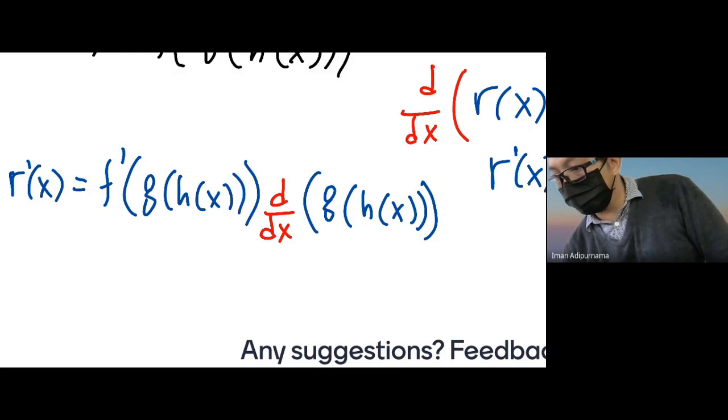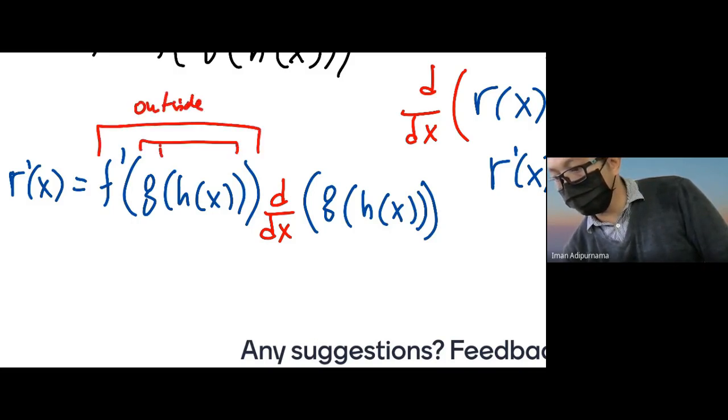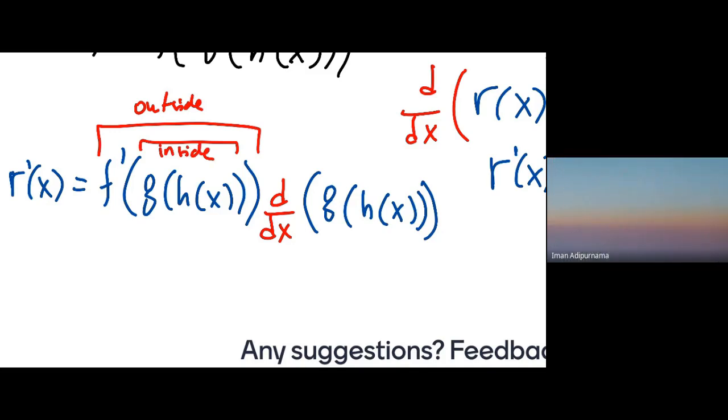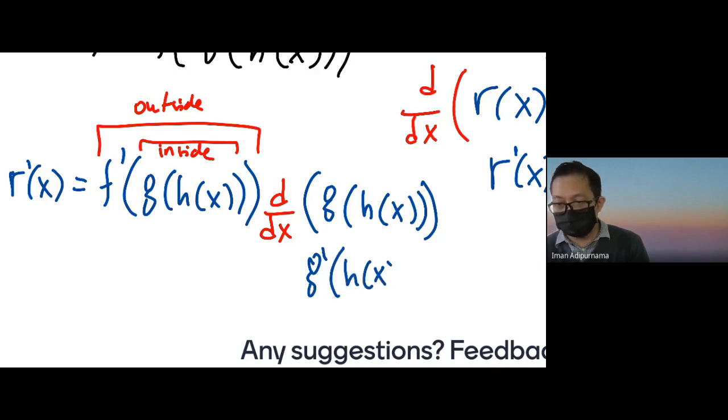Again, this is the outside function, and this is the inside. But the inside function has another composite, so you need to derive this. How to derive it is precisely what we did in the usual chain rule. We write this as g prime, then write the inside, and then multiply by h prime, because the last term is h.